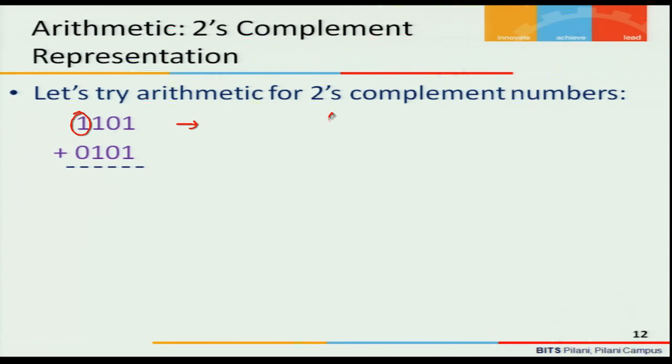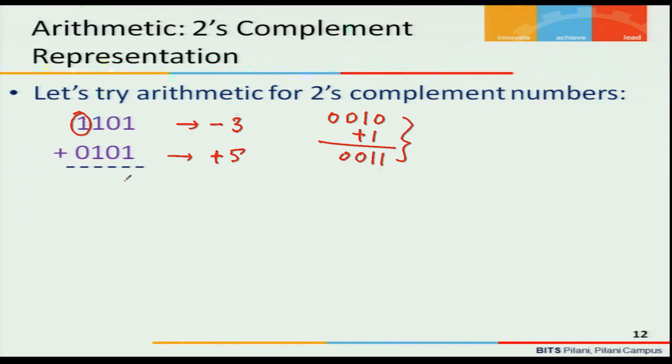First I take the 1's complement, which means I flip the bits, and then add 1. Flipping bits and adding 1 gives me 3. The number is negative, so it is minus 3. This is how to get the value of negative numbers in 2's complement. The second number is a positive number, so I can directly take it as plus 5.